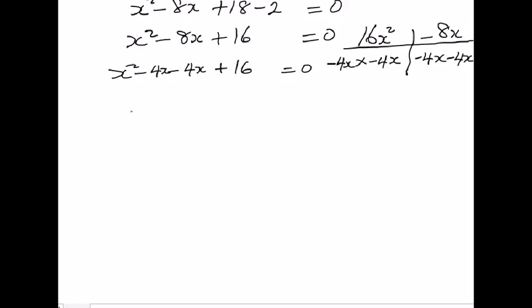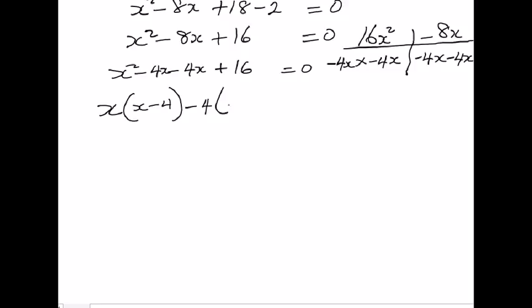Okay, so we can now have x into bracket x minus 4. That is x times x will give us x squared, minus x times 4 will give us 4x. Minus 4 can go in 4x and 4 can also go in 16.